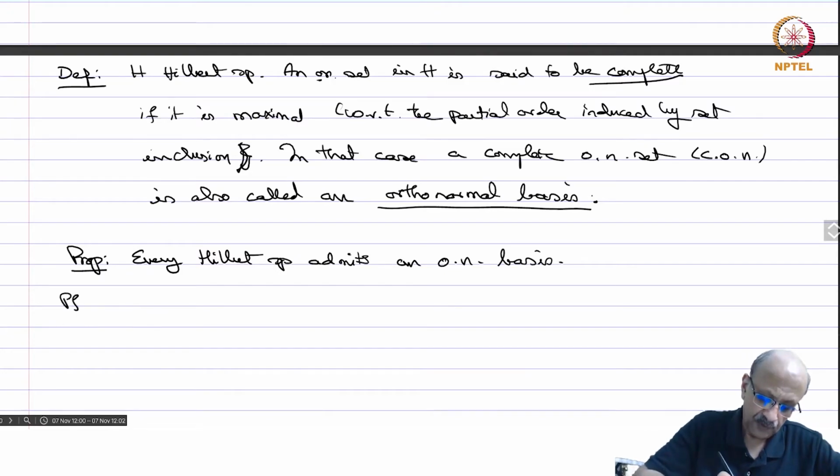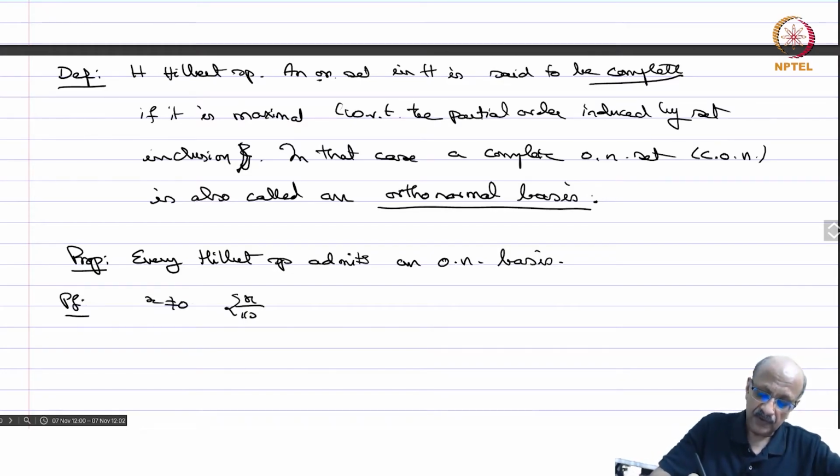So proof. We do have orthonormal sets. In fact, if you have any x not 0, then x by norm x is an orthonormal set. And if you are given any linearly independent set, the Gram-Schmidt process gives you an orthonormal set. So we have a lot of orthonormal sets.